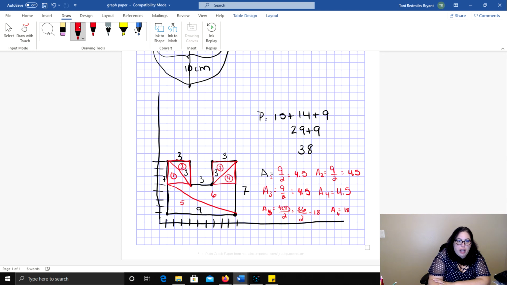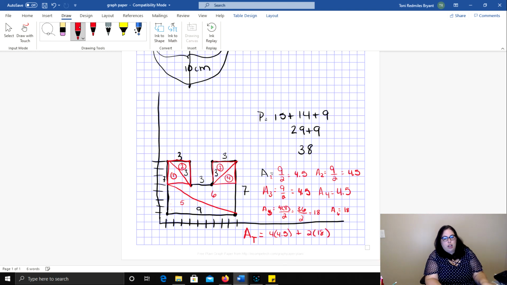Now let's add up all my areas. So my area total, T for total, is going to be 4.5 times, how many of them do I have? I'm going to turn my repetitive addition into multiplication. 1, 2, 3, 4. So 4 times 4.5, plus 2 times the 18. I have 2 18s.